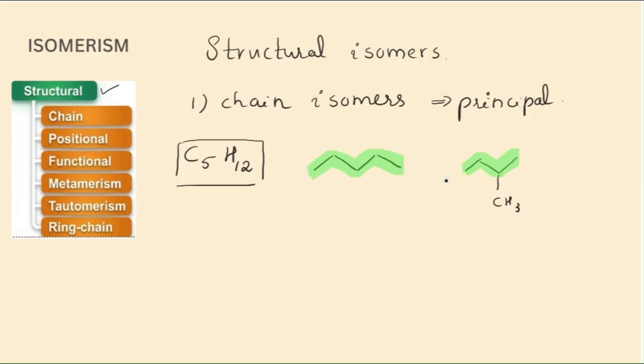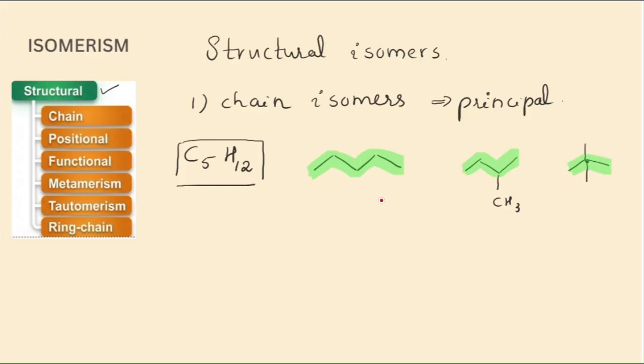Now, is there any other possibility? Yeah, there is one more possibility like this. Check here, the carbon is attached to 4 carbons. That means there are 5 carbons, and we have 3 hydrogens on each carbon present here. That means there are 12 hydrogens. And in the longest chain, we have 3 carbons like this.